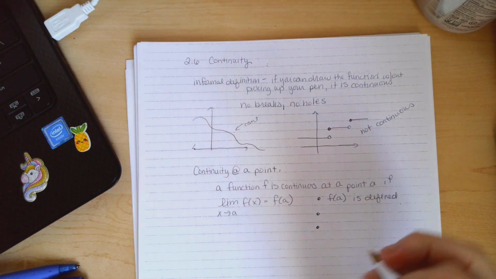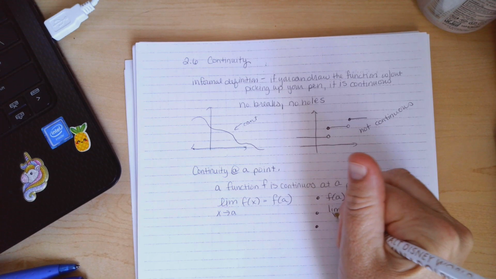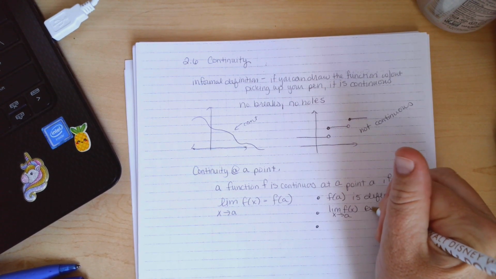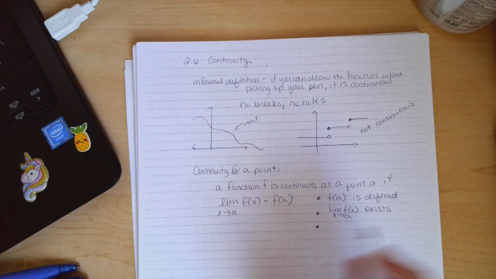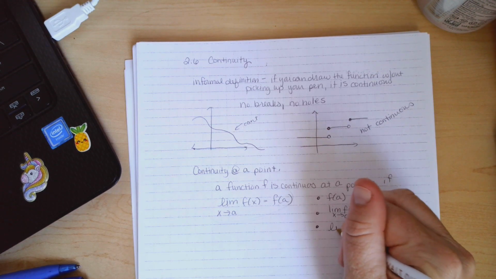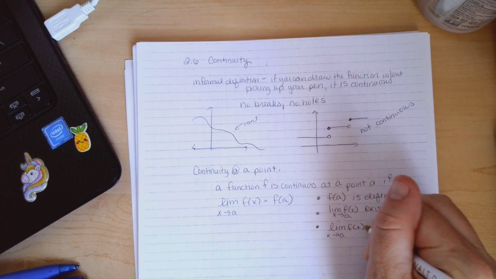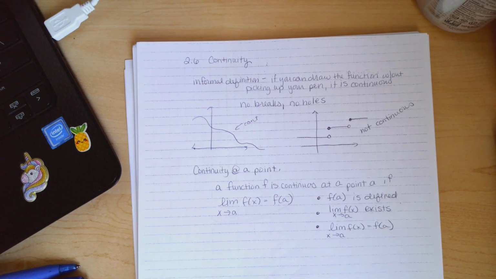Second thing that needs to happen is this limit needs to exist. And then the third thing, of course, is that they equal each other. Okay? All right, so let's go ahead and do some examples.